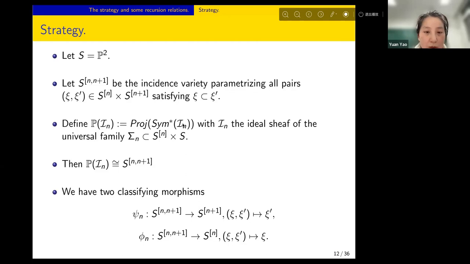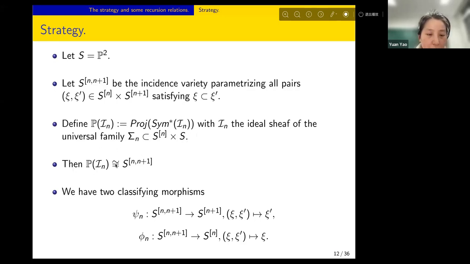The approach for this ideal sheaf: the ideal sheaf is rank 1 for generic points here. You want to do the projectivization for the rank 1 line bundle. This should be birational to S^[n] times S, right?